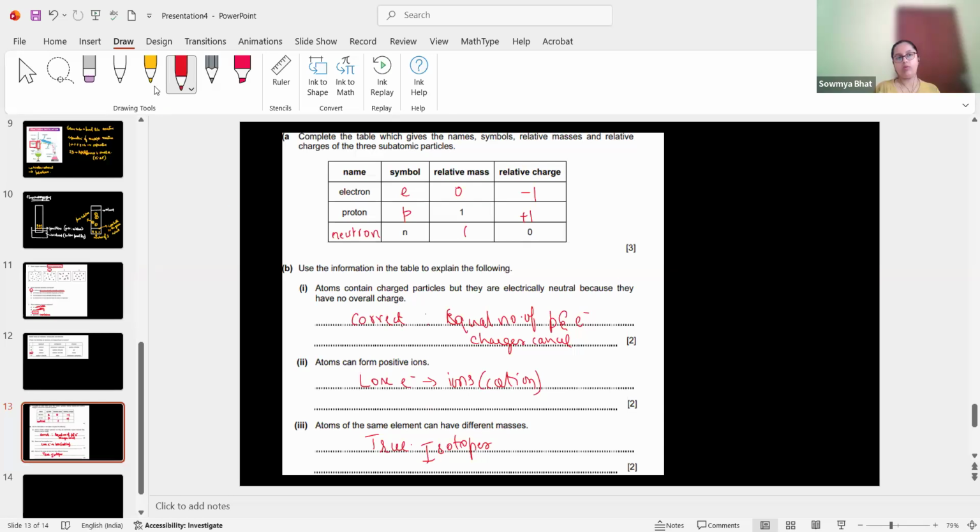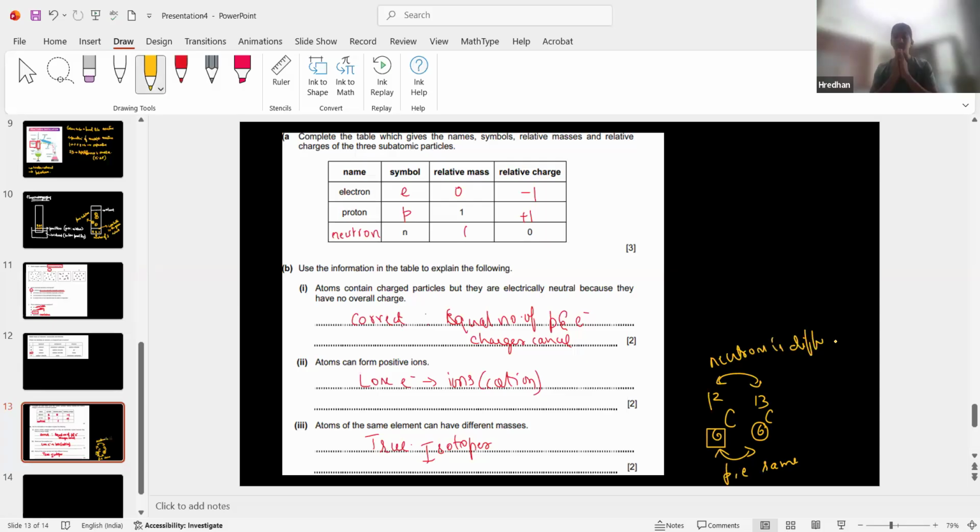No, no, no. It has nothing to do with the electrons. So if I say carbon-12, carbon-13, you see in both cases the number of protons and electrons are the same. This is different. That means the number of neutrons is different.